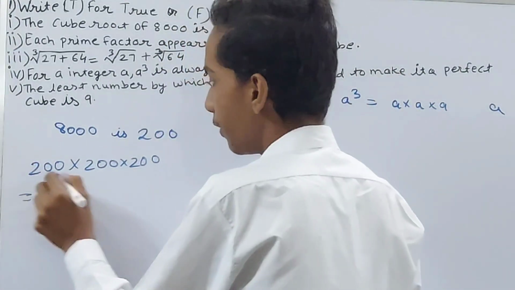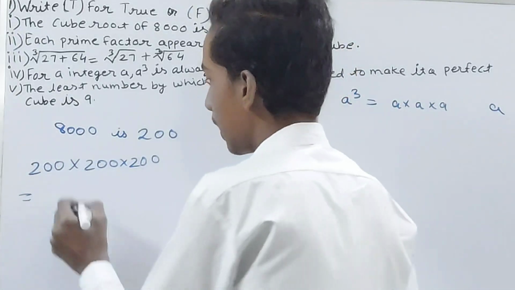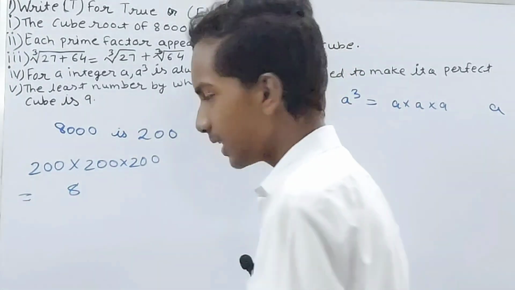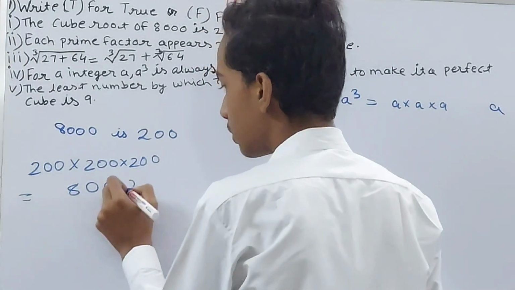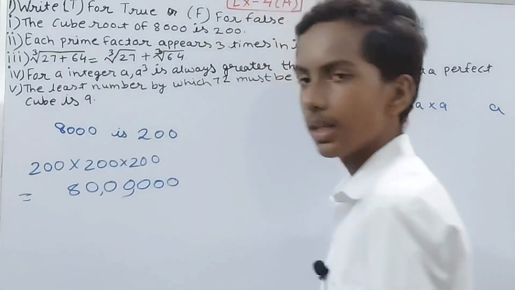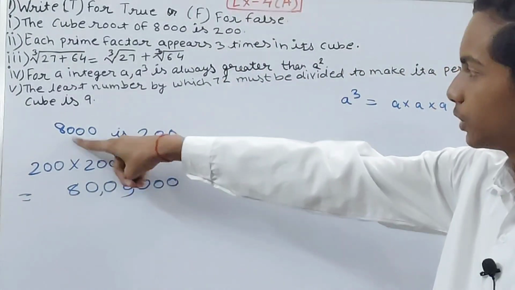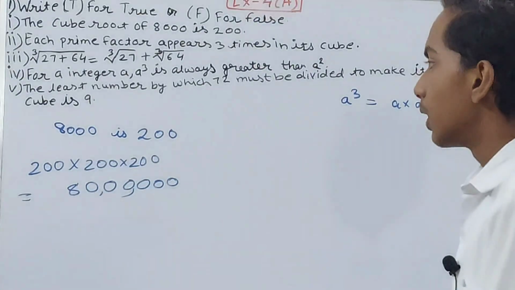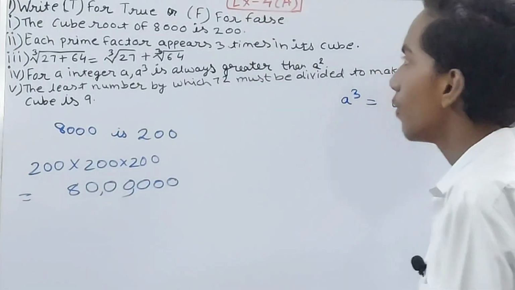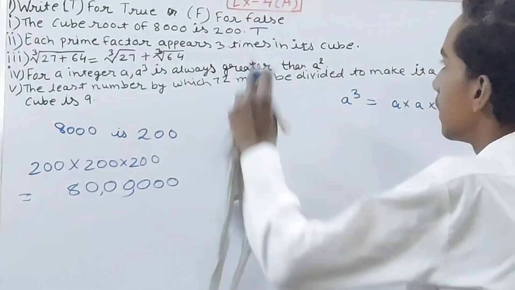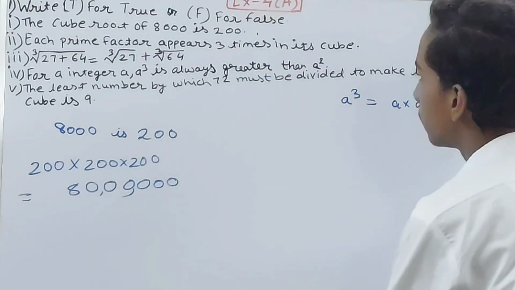See, 2 into 2 into 2 is 8, and how many zeros? 1 2, 1 2, 1 2. How many zeros? 6. So this is not 8000, it is 80 lakhs. So 200 is not the cube root of 8000. This is false, so right here F for false.